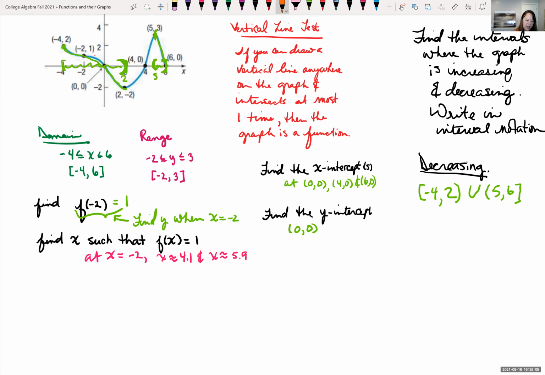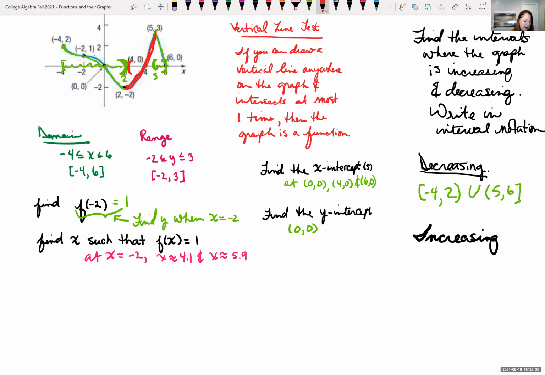Now let's look at all the x values where I'm increasing. This is where I'm going up from left to right, and I can see I'm going up just in this little piece of my graph. To write this in interval notation, I'm looking at all the x values, not any of the y's.